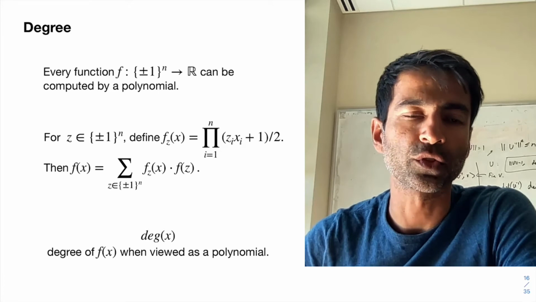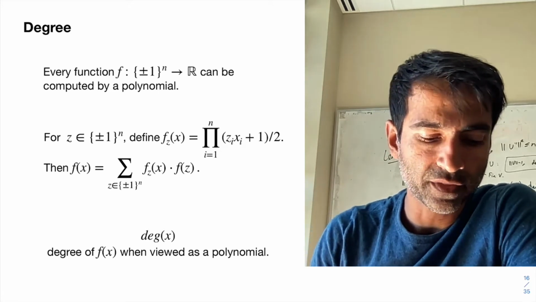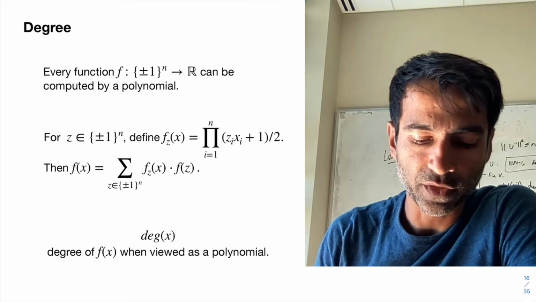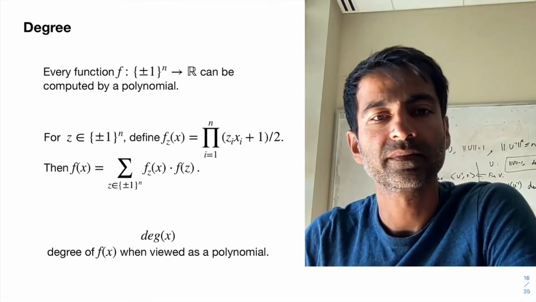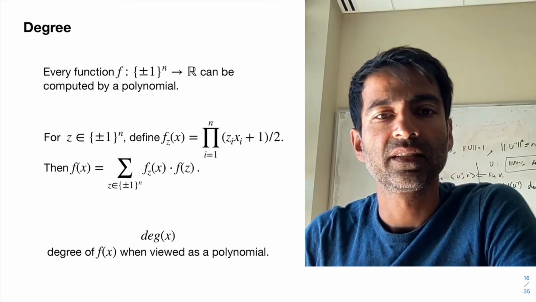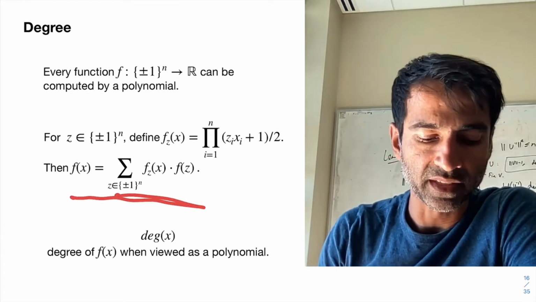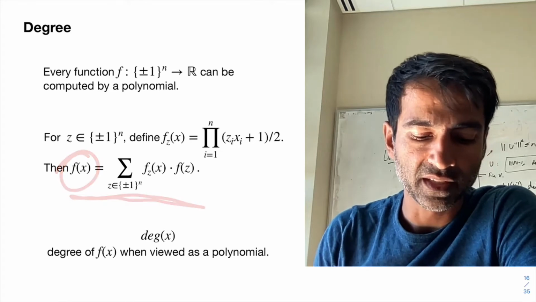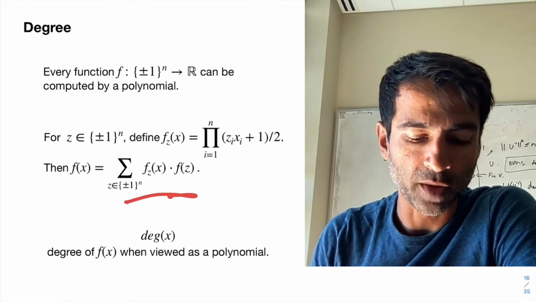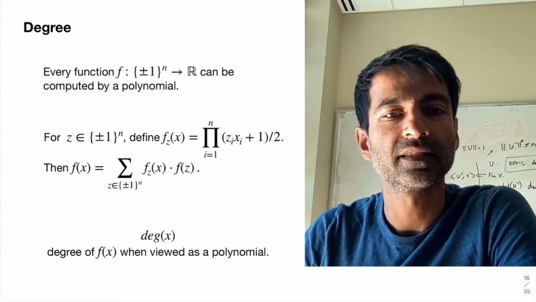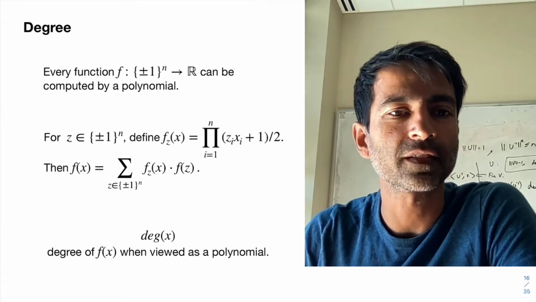And you can just show that explicitly. You know, for every z here, you can define this function, which is a polynomial. And I'll leave it to you to verify that then you have this equality, that the value of the function f can be expressed as a linear combination of these fzx's. Okay, that's something you can verify for yourself.